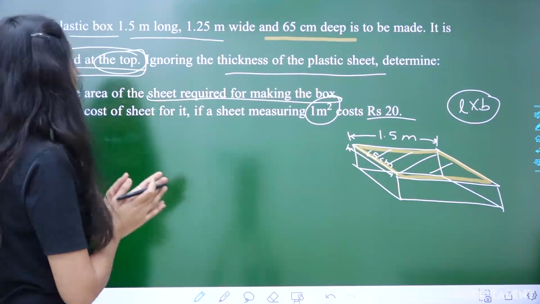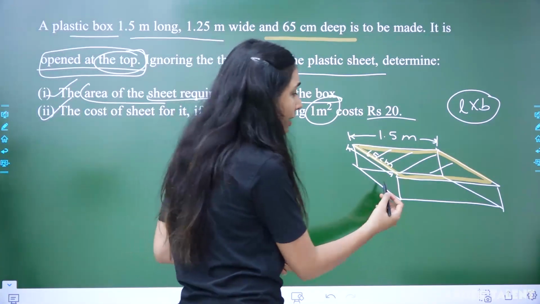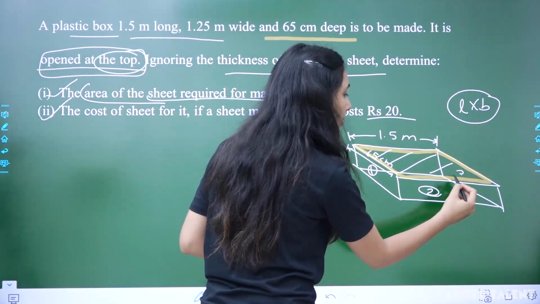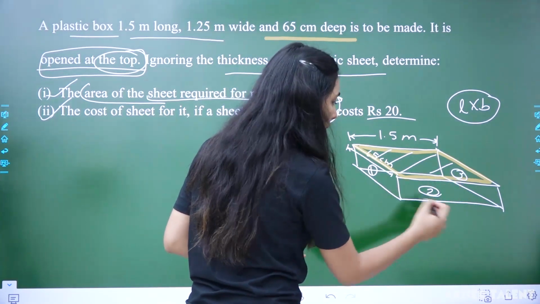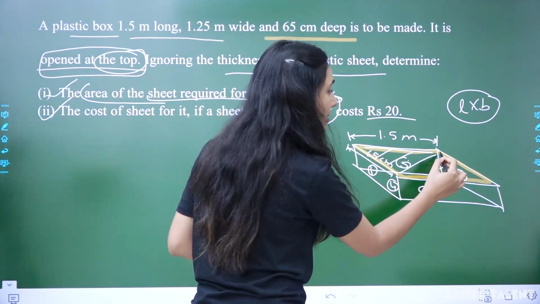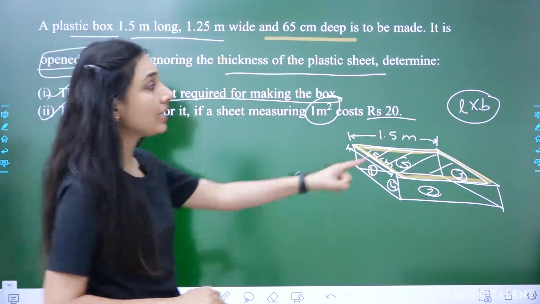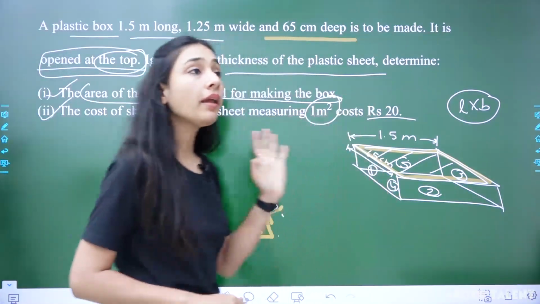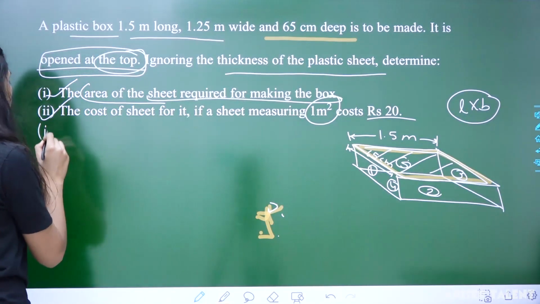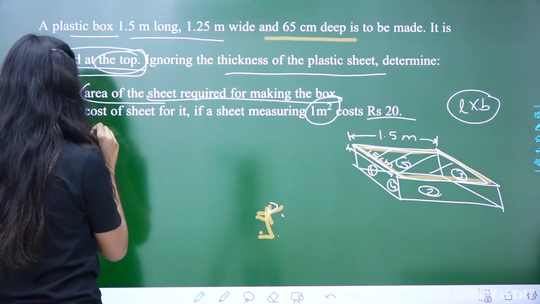If we talk about the area of sheet required for making the box, it will be made up of 5 areas: this one, these 2, the third, the bottom one, the 4th, and the back one, the 5th. But this area is excluded. So we are going to subtract 1 lb from the formula.